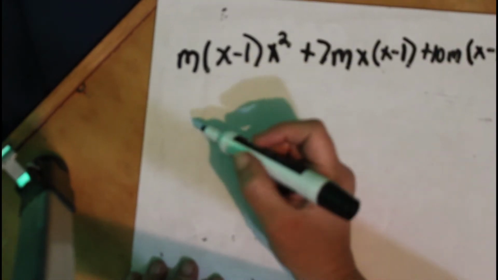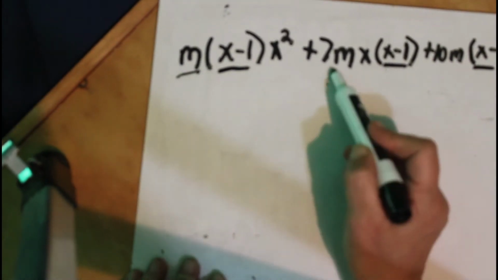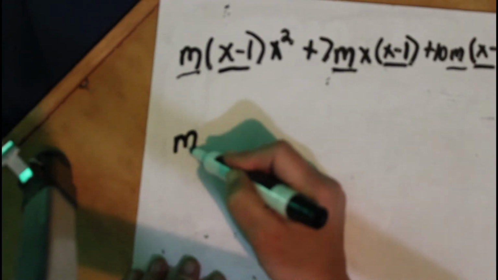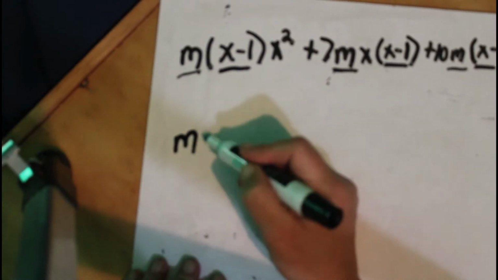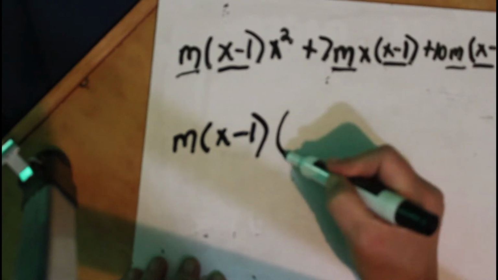Okay, on this one we have more than one factor to factor out. We've got the x minus 1 on all of those. And then we've also got m on all of those. So we're going to do m times (x minus 1). And then we're going to see what we got left.